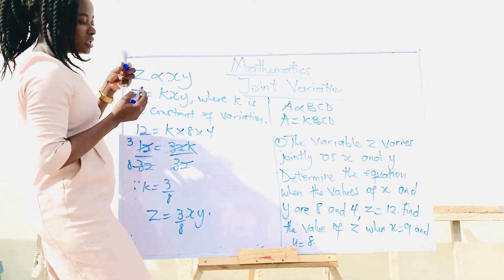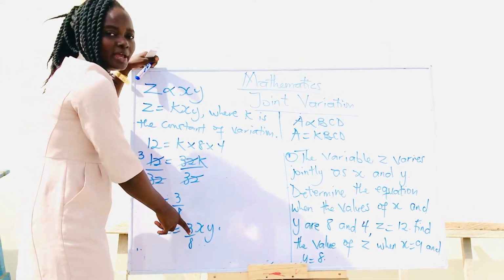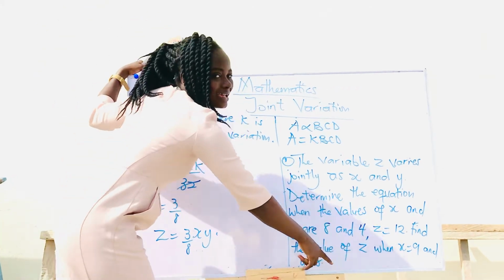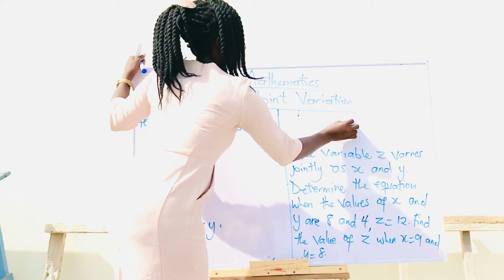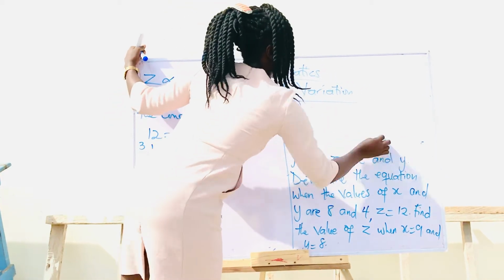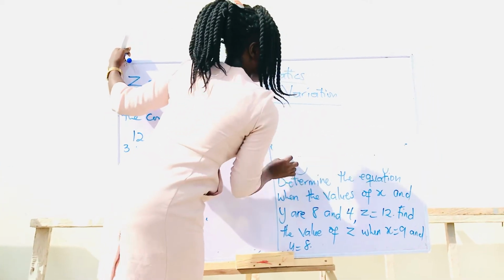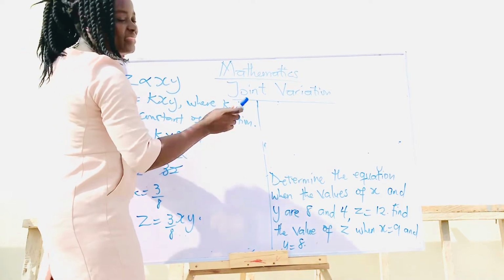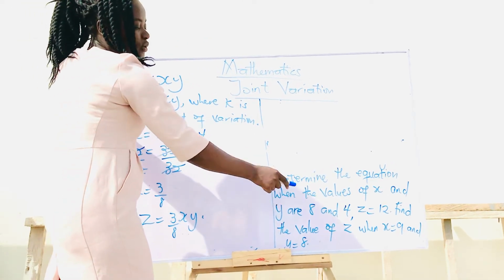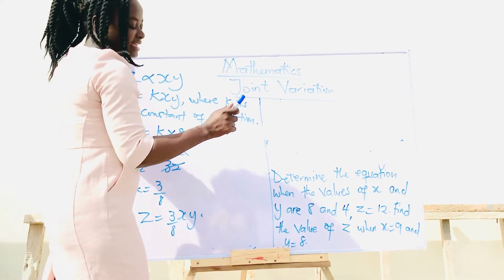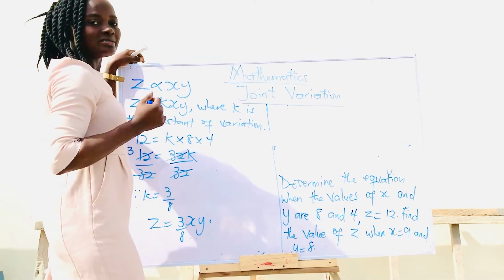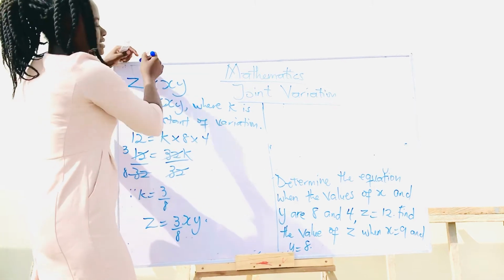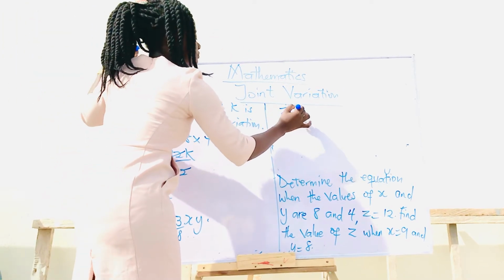Afterwards, you use this new equation to solve the second part of the question, and that is, find the value of Z when X is 9 and Y is 8. So we also do a simple substitution. So write our new equation now.